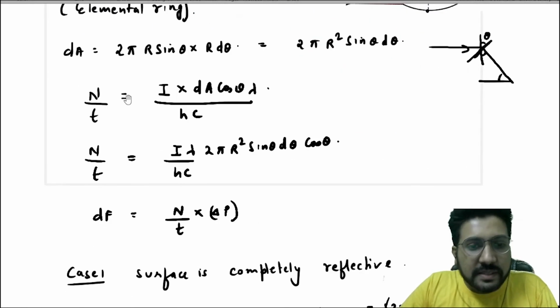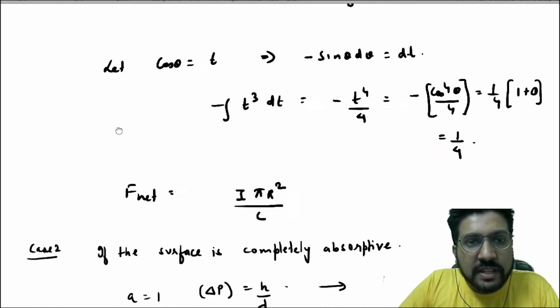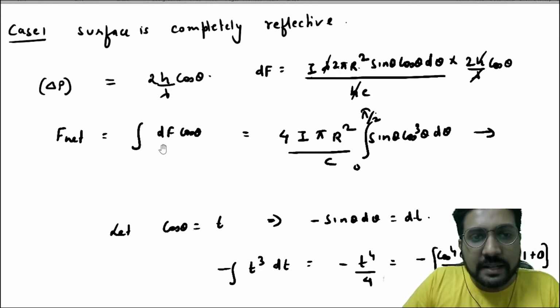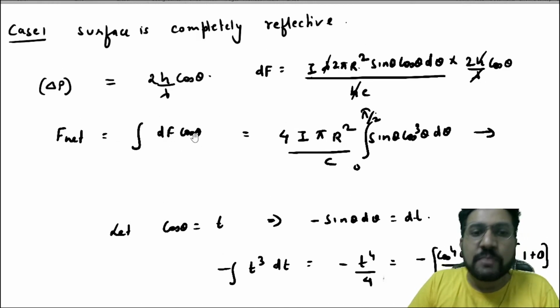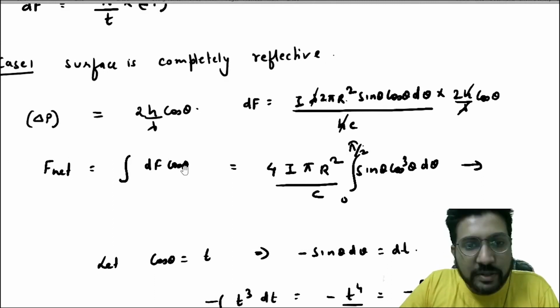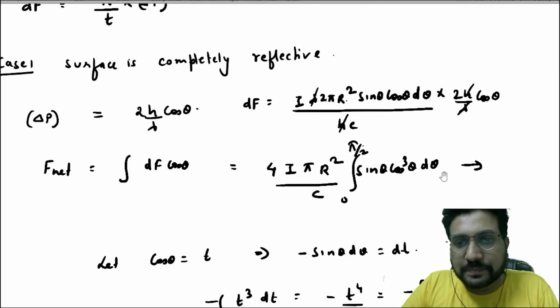That is why we will integrate to find the net force, and that will be equal to integration df cos theta, because we need only the cos theta component from every element. So I will write 4I pi r square by c integration of sine theta cos cube theta d theta.